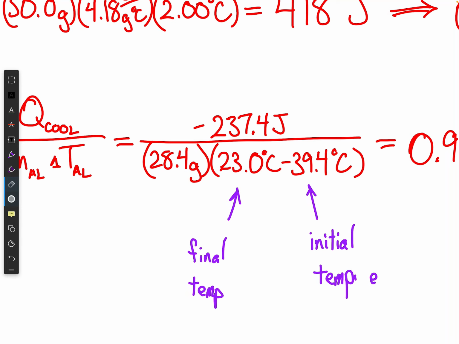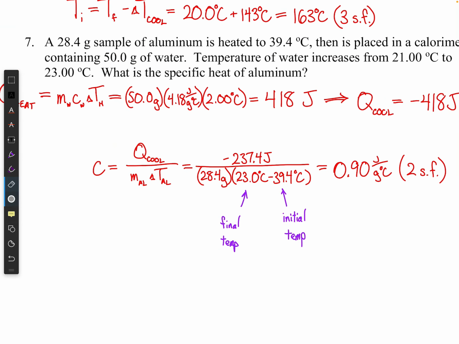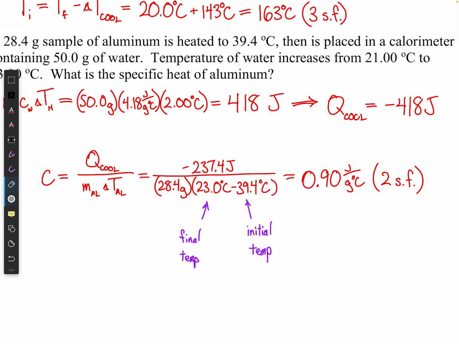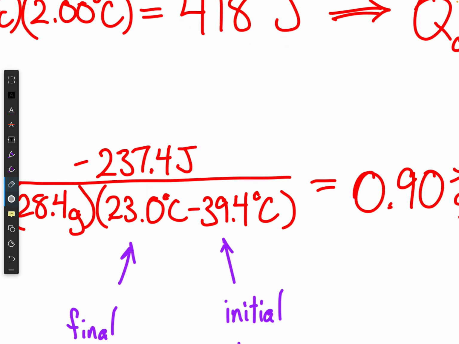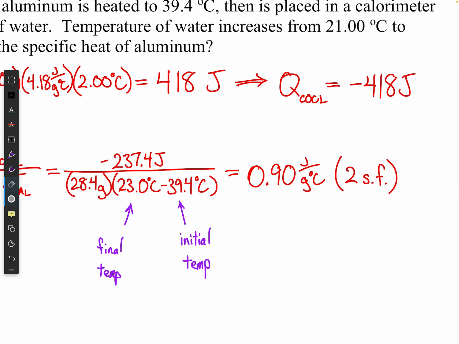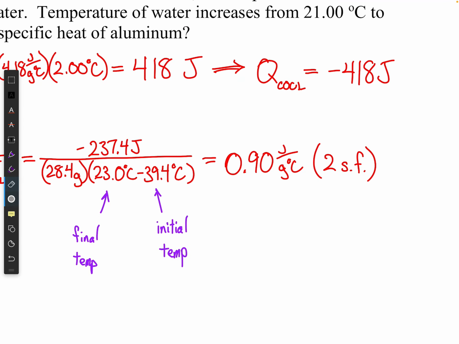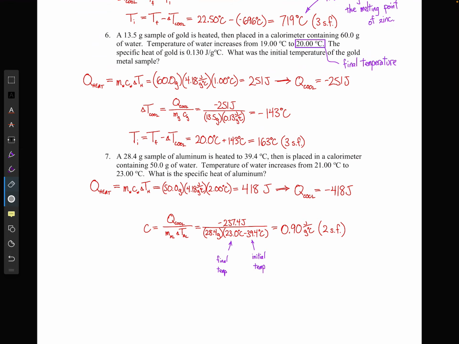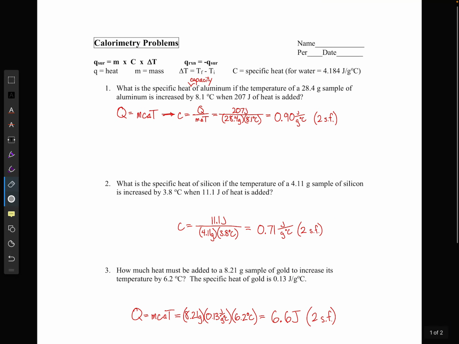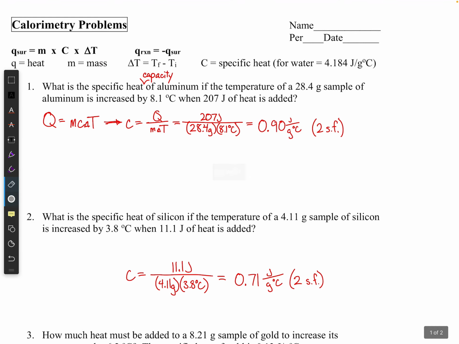I made a spelling mistake. We're just going to abbreviate. It's easier. Okay, so there we go. We plug in our values, and we find that our negative signs are going to cancel out here. And we're then left with 0.90 joules per gram degrees Celsius to two significant figures. And you will note that this is exactly the same value that we calculated initially for aluminium.